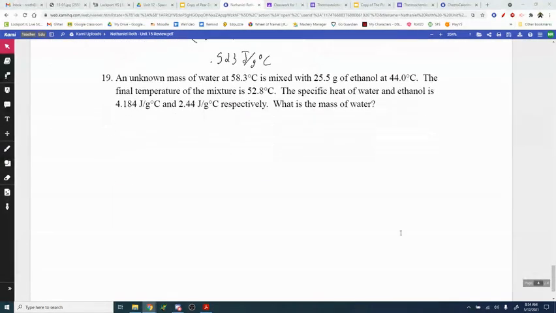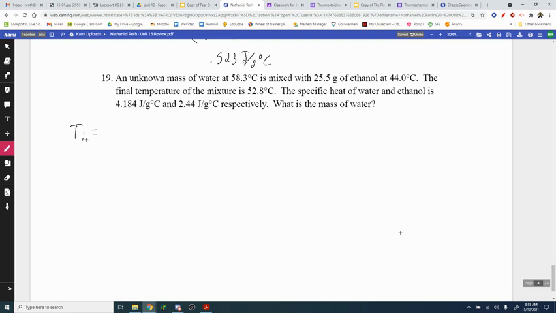Okay, so last question. Unknown mass of water, and so on. So very similar to last question, we are going to identify each one of our numbers as a variable. Our first one, 58.3 degrees Celsius, is our initial temperature, Ti, and that is of water.